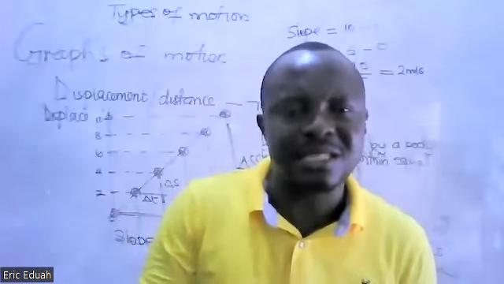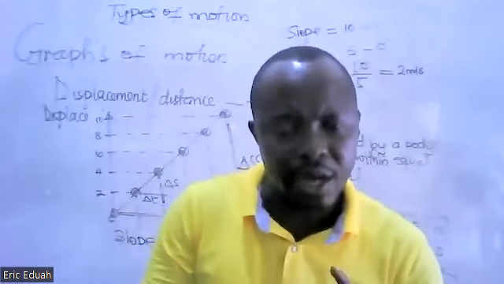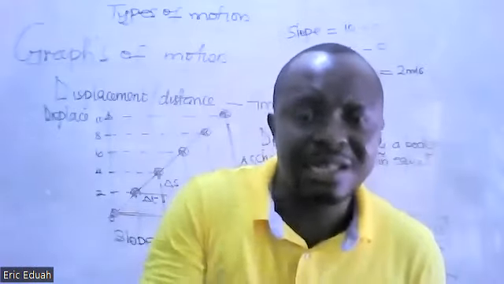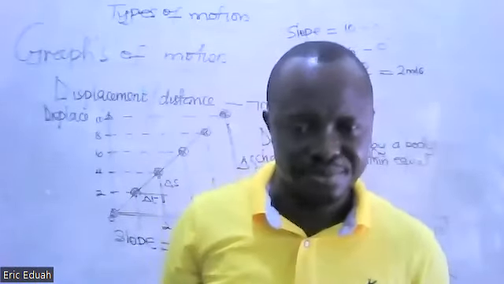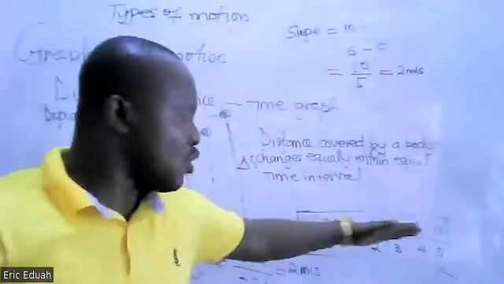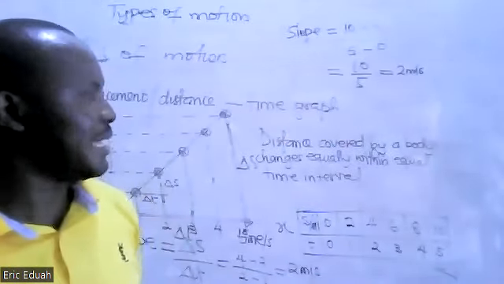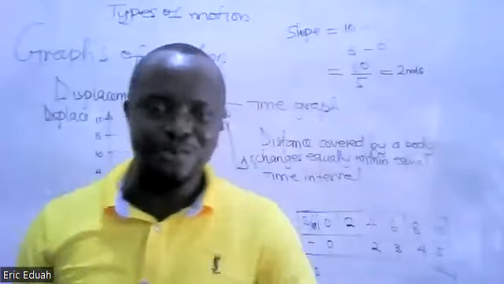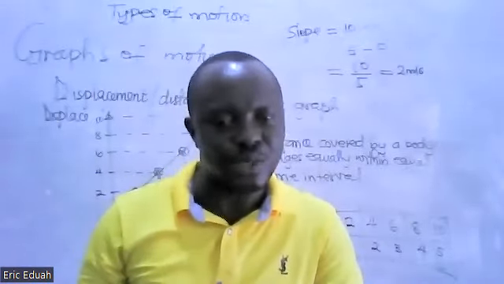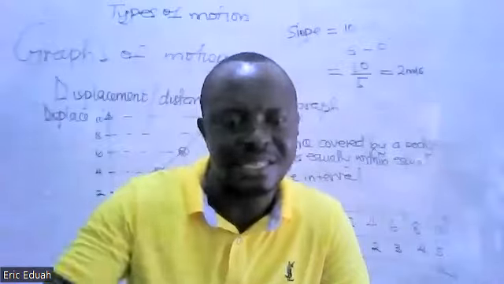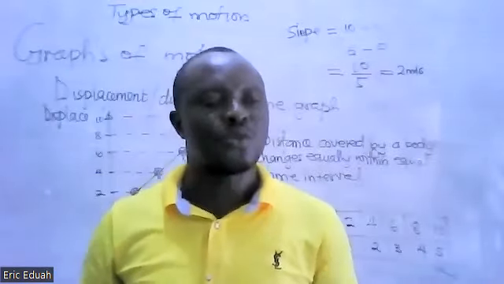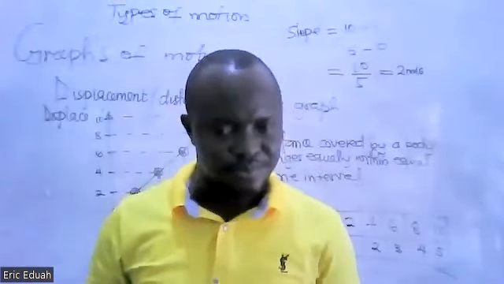So the question, what is a uniform velocity motion?